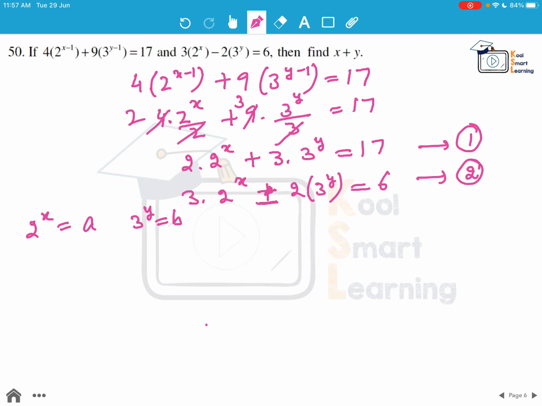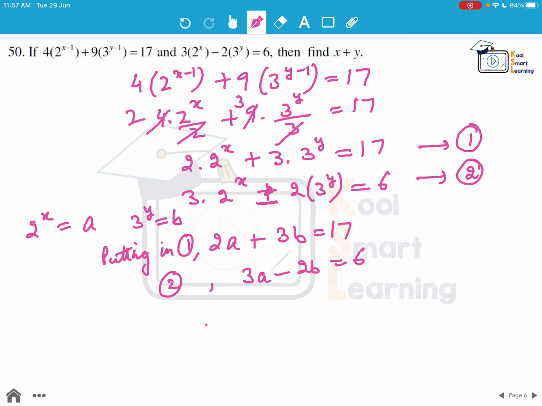So the first expression becomes 2a plus 3b is equal to 17. Putting in the second, we get 3a minus 2b is equal to 6.